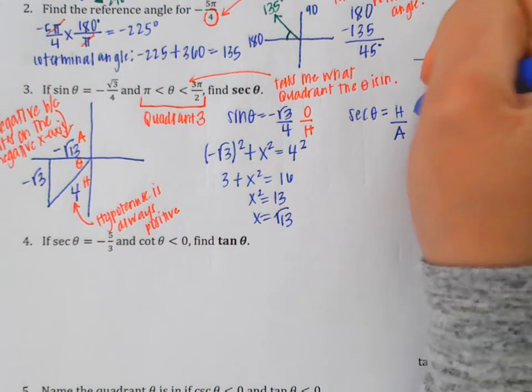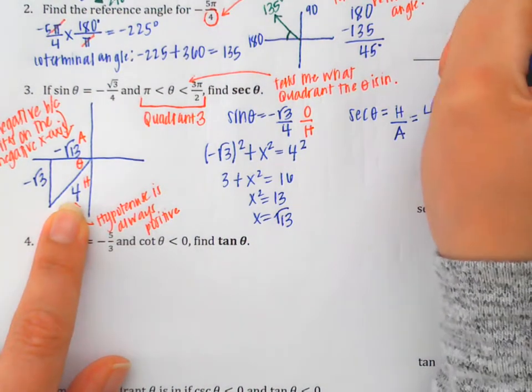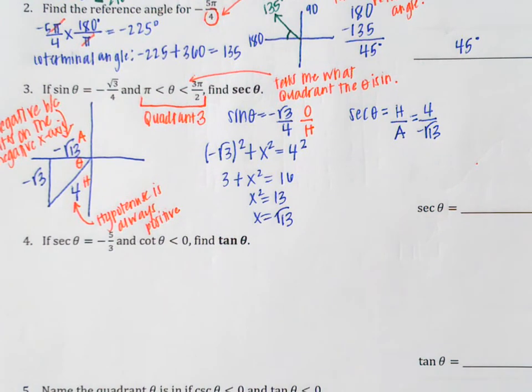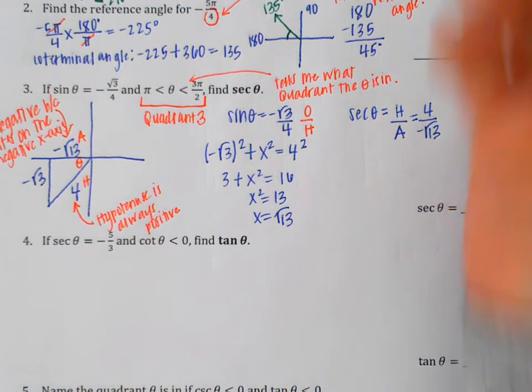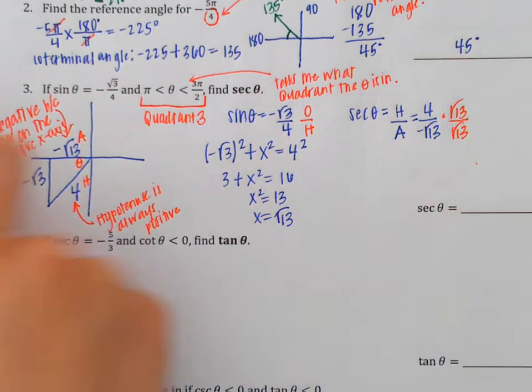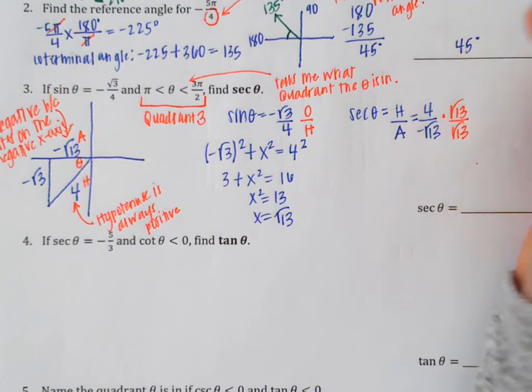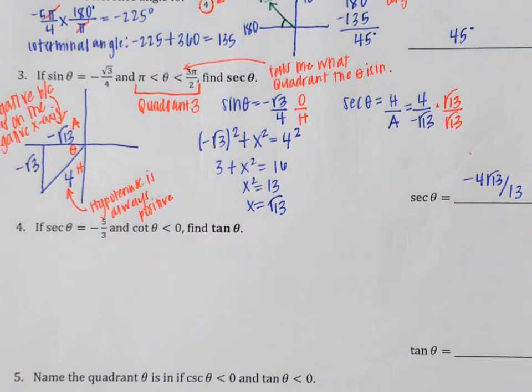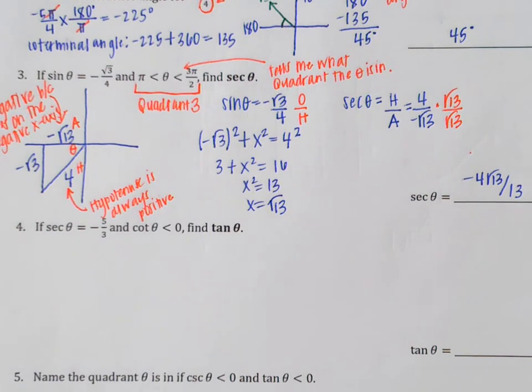So I'm going to plug that in. It's going to be 4 over negative rad 13. We have to rationalize our denominator, so we have to multiply top and bottom by rad 13. And so we get 4 rad 13 over negative 13, or just negative 4 rad 13 over 13. And that is my final answer.